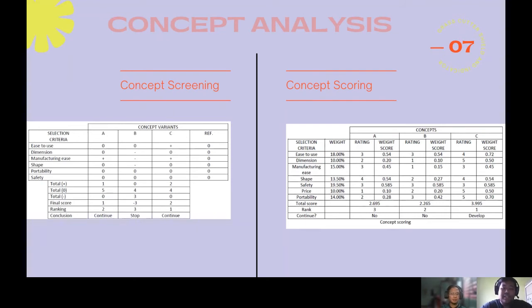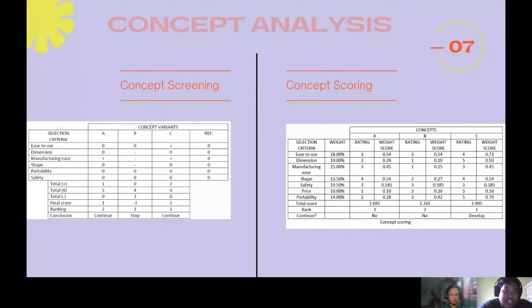From the survey, design, and the house of quality that we have observed, we can do the concept analysis, which has two concepts: concept screening and concept scoring. For concept screening, we can observe on the figure that the A design and the C design have more positive and neutral marks.